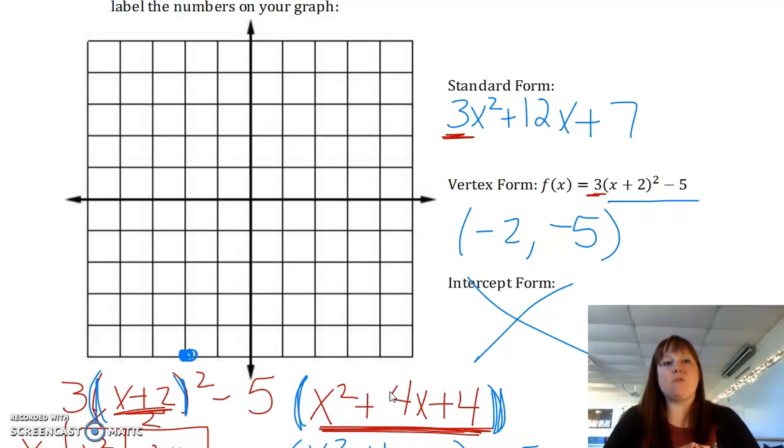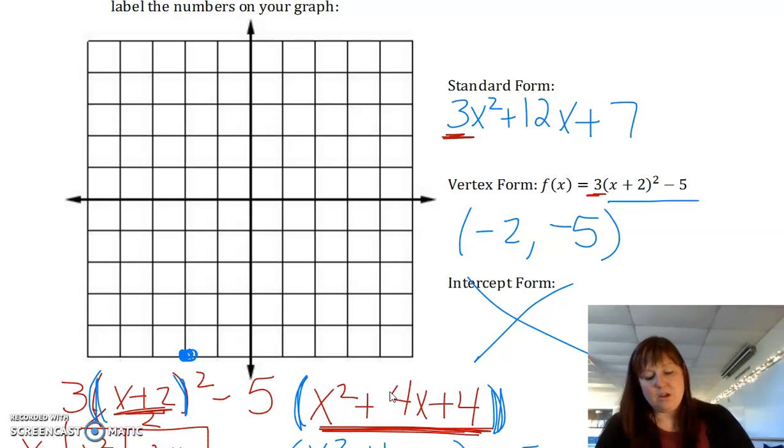So from our vertex, we move over 1, and then we decide how far up or down we need to go from our a value, because it's our stretch, our compression. So my 3 tells me that when I go over 1, I need to go up 3. 1, 2, 3. So I can graph those points right there. Now that gives me 3 points, so I could hypothetically be done.